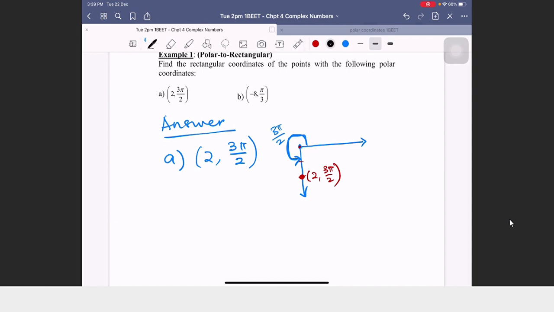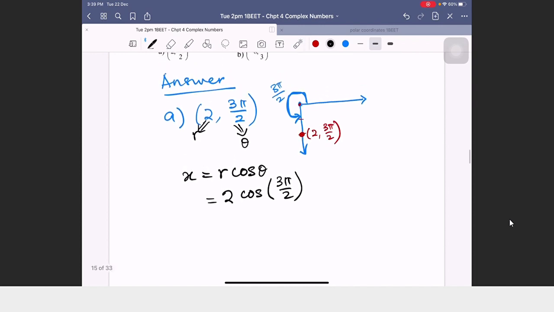Okay, so let's say we compute this. We need to find x. We are given this is r, this is theta. To find x we need this formula, r cos theta, which means r is 2, theta is 3 pi over 2.